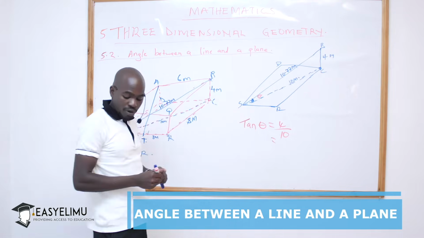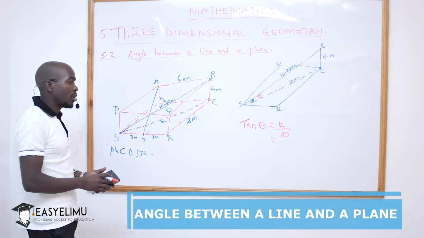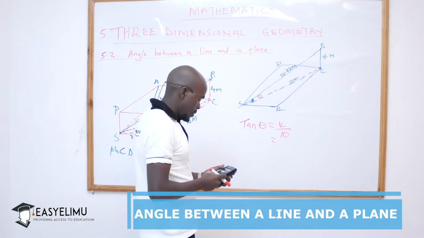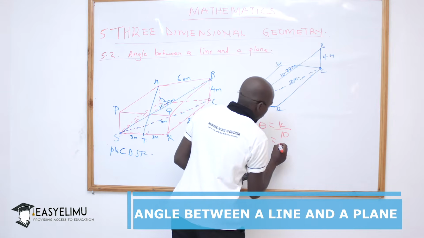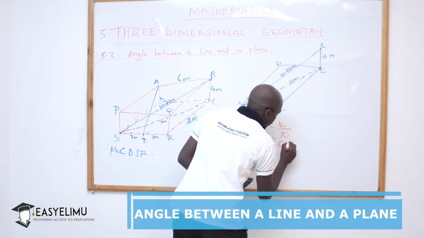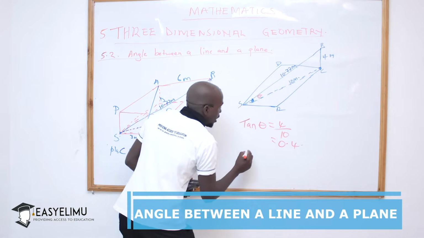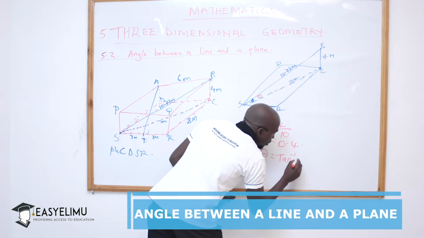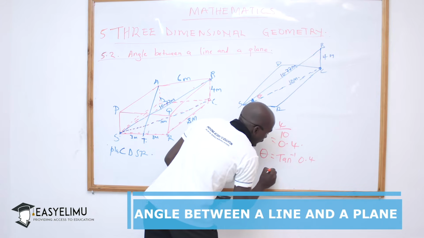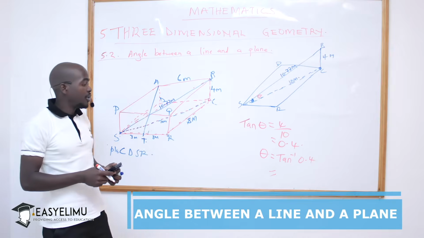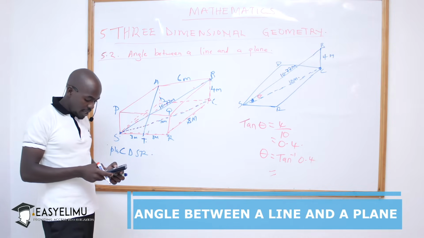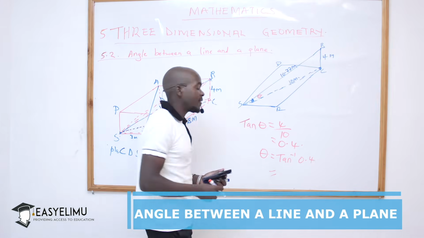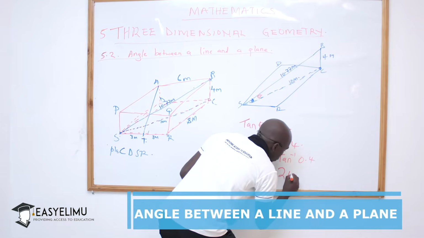Which is giving me approximately 2 over 5, which is 0.4. This one is equivalent to 0.4. And if I need theta, I need to find the tan inverse of 0.4. And tan inverse of 0.4, I'm going to get 21.80 degrees.